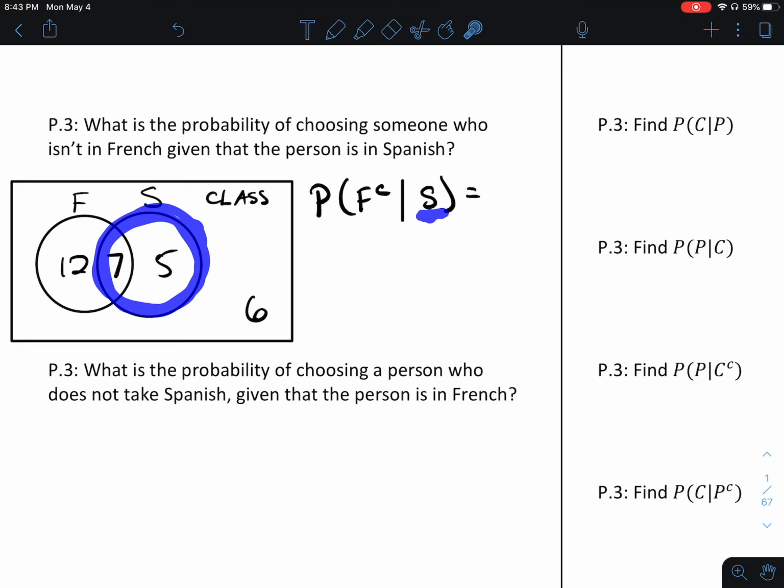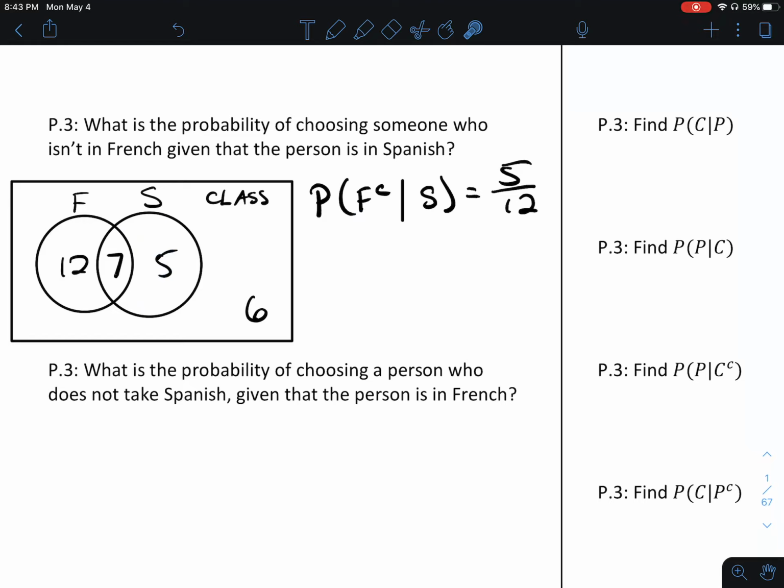So someone that's in Spanish, but the complement of French, which means they're not in French. That would be 5 people out of a total of 12. There's 12 that are in Spanish. Given that it's in Spanish, what's the chances that they're not in French? That would be the 5 here out of 12.